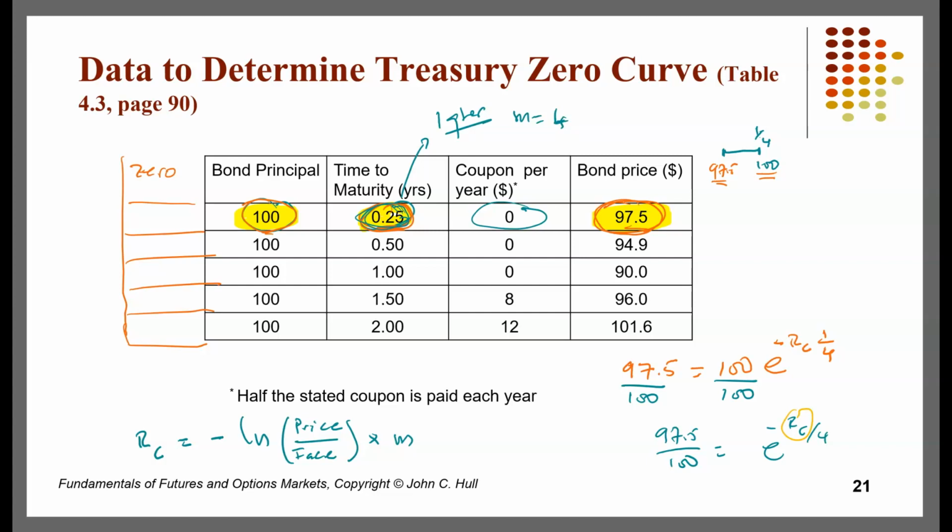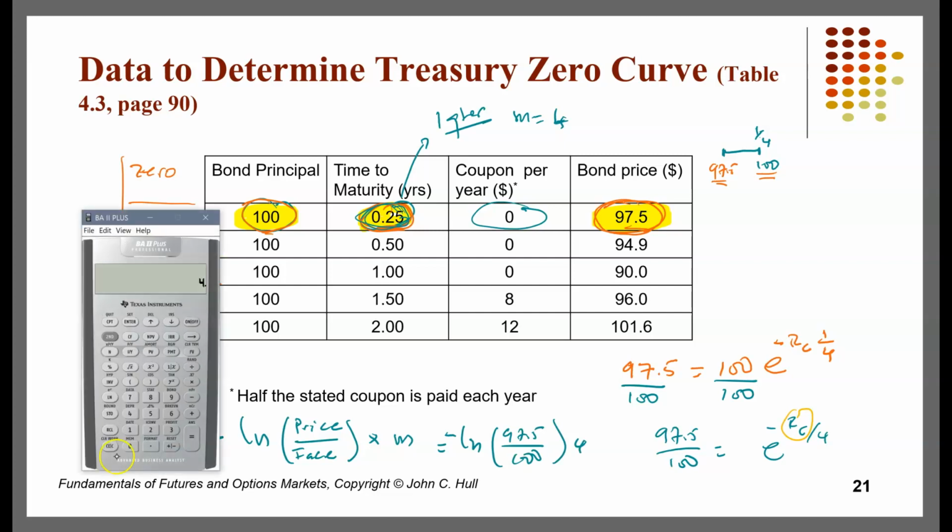And so what we're going to have here is minus the log of 97.5 divided by 100, multiplied by 4. Let's pull up our financial calculator and do just that. 97.5 divided by 100, equals, we take the log of that, minus, multiply by 4.